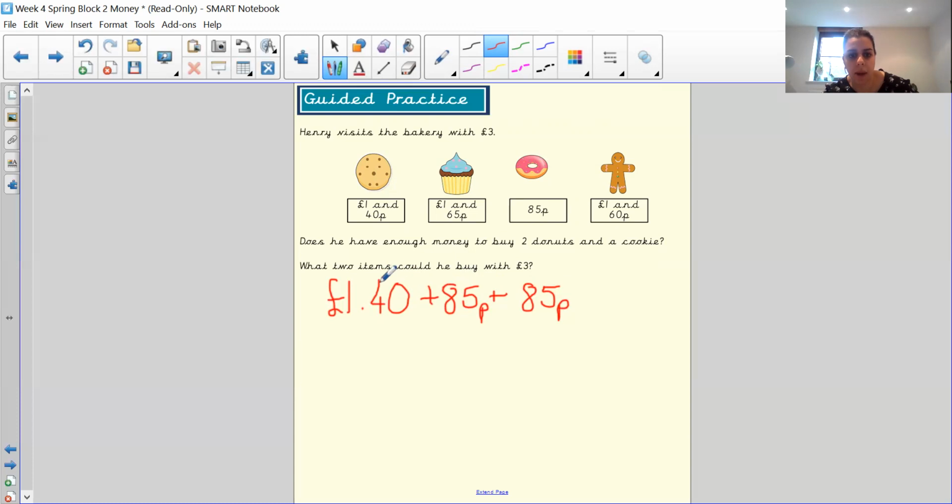So I'm going to add up my pence and leave my pound out. So I'm going to do 85, 85, and 40. So that's the 85 and the 85 put first because they're a larger number, and then my 40, and I'm going to add those up.